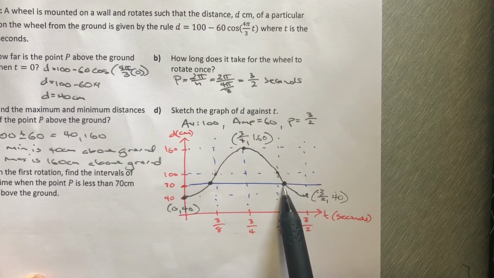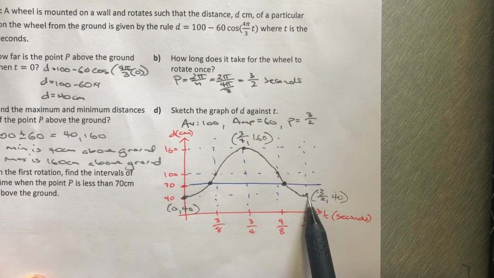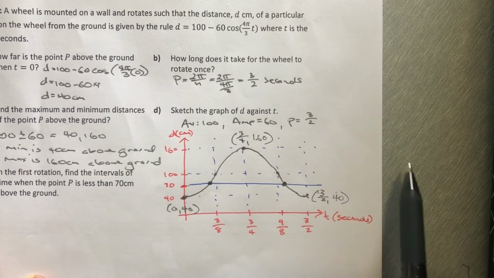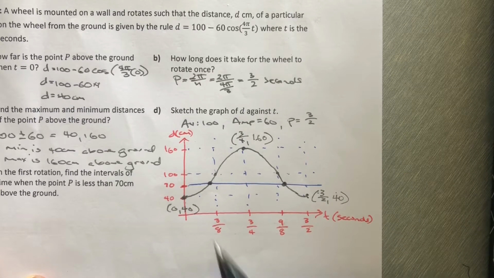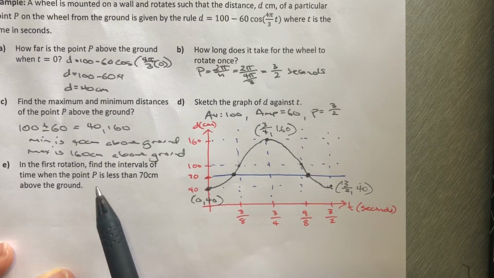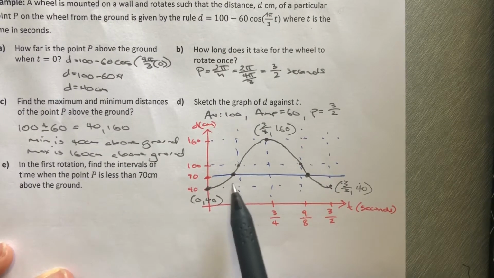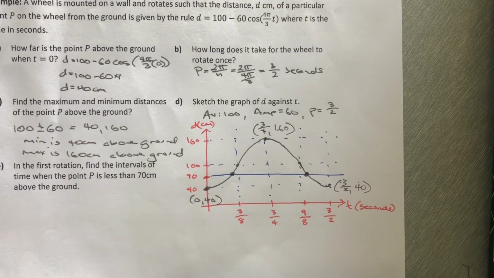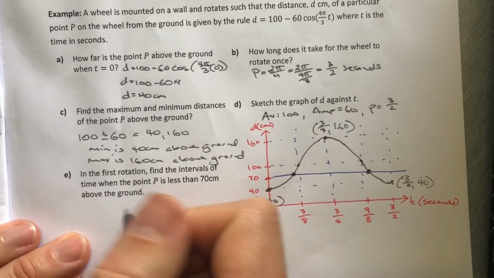That's going to start here and end there. Okay, now it has to all be in the first cycle. We know this keeps going, but it's specifically spoken about the first cycle over here. Let's try to find these 2 points. We've got our rule.